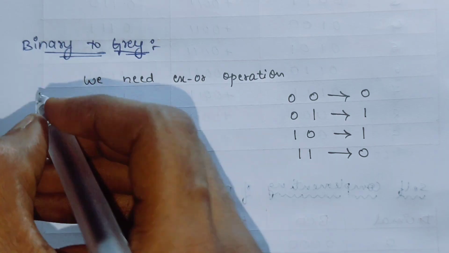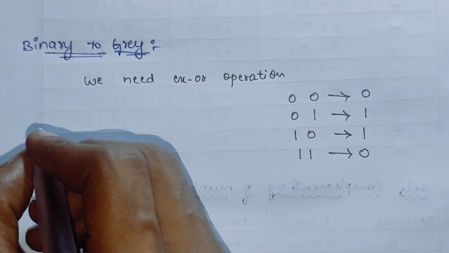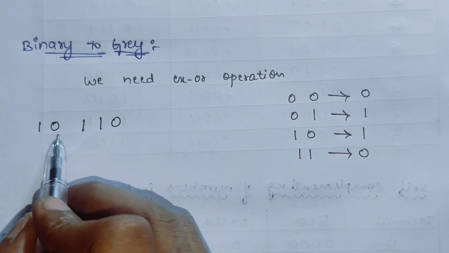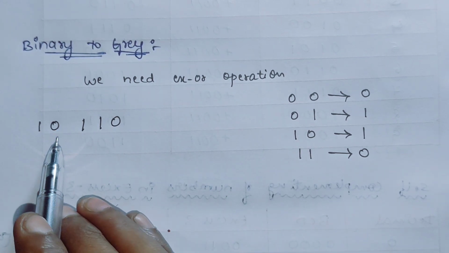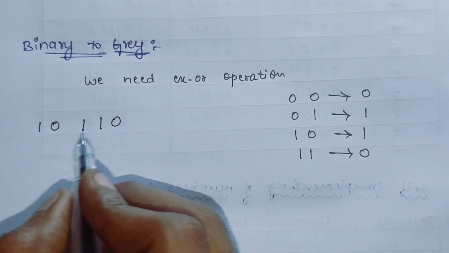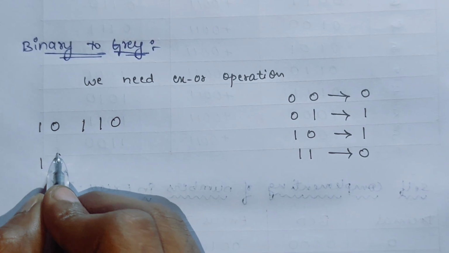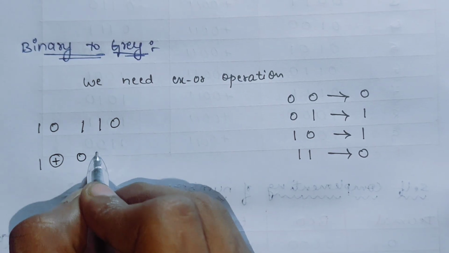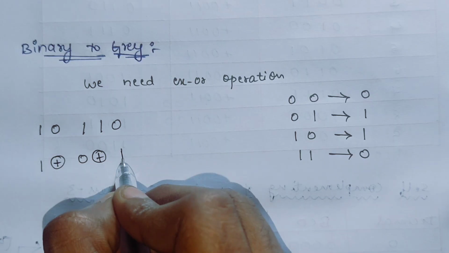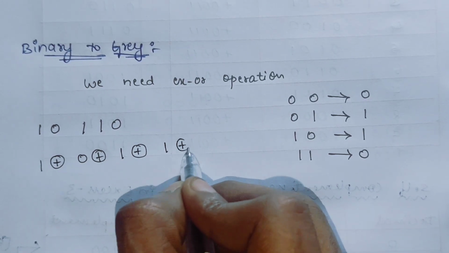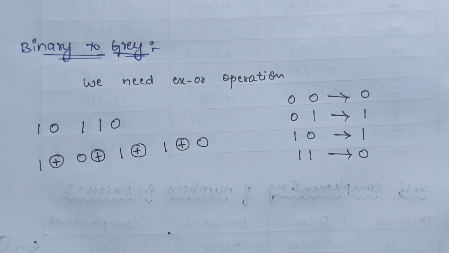Binary to gray. Let us take the value 1, 0, 1, 1, 0. This is the binary. We need to convert this binary number into gray. So we need to XOR these numbers: 1 XOR 0 XOR 1 XOR 1 XOR 0.